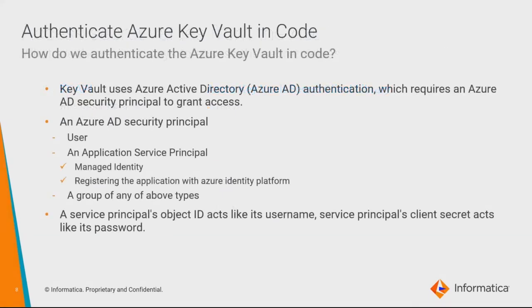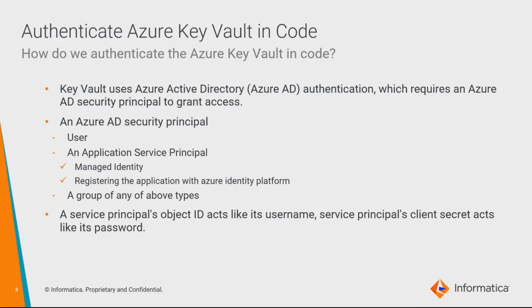So how do we authenticate the Azure Key Vault in the IICS code? Key Vault uses Azure Active Directory authentication, which requires an Azure AD security principal to grant the access. An Azure AD security principal can either be a user, an application service principal, or a group of any of the above. There are two ways by which we can obtain the service principal for an application.